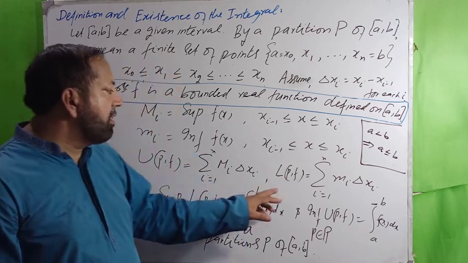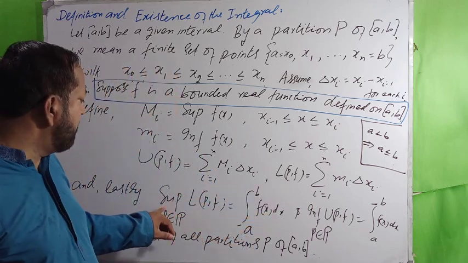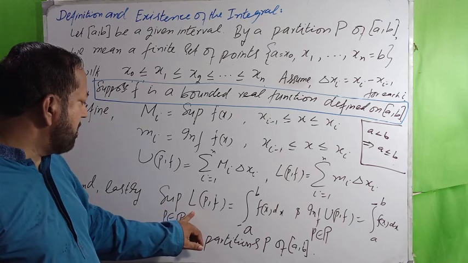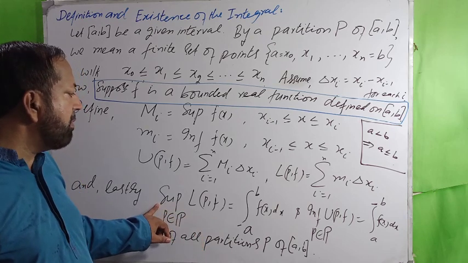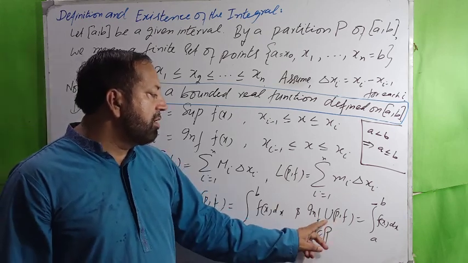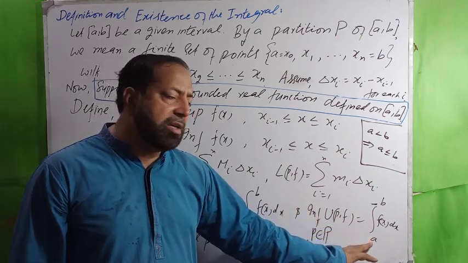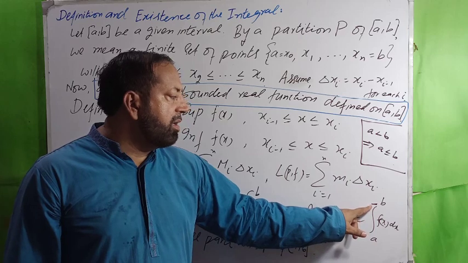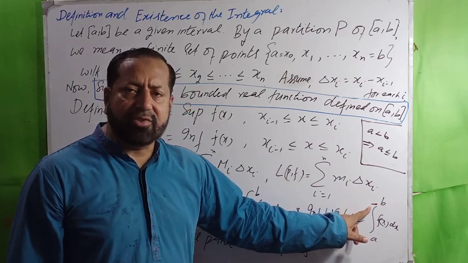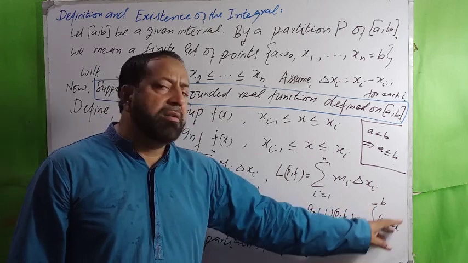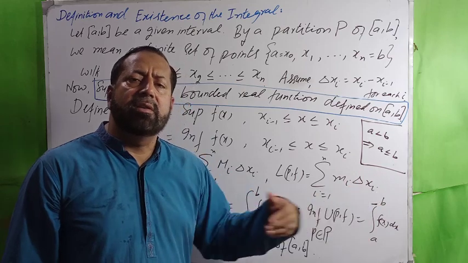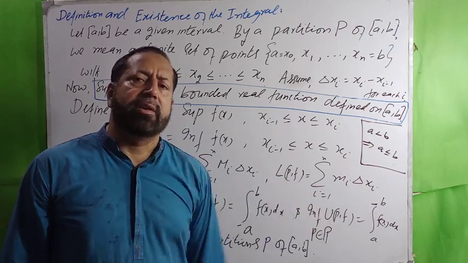Similarly, for lower sums you take the supremum, and for upper sums you take the infimum, and this is called the upper integral, and we write a bar as a symbol that we are finding sums through upper rectangles.